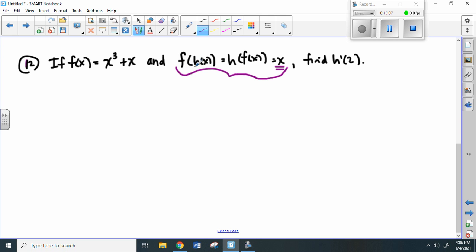This formula right here specifically means that f and h are inverses of each other, right? That is the Algebra 2 definition of being the inverse of each other.